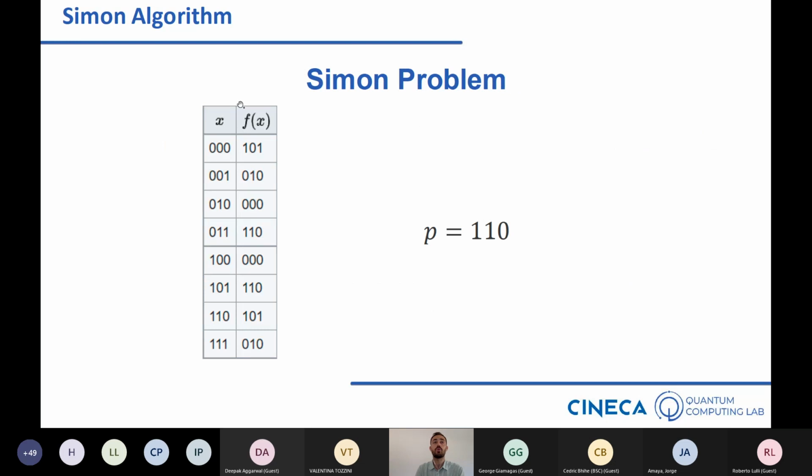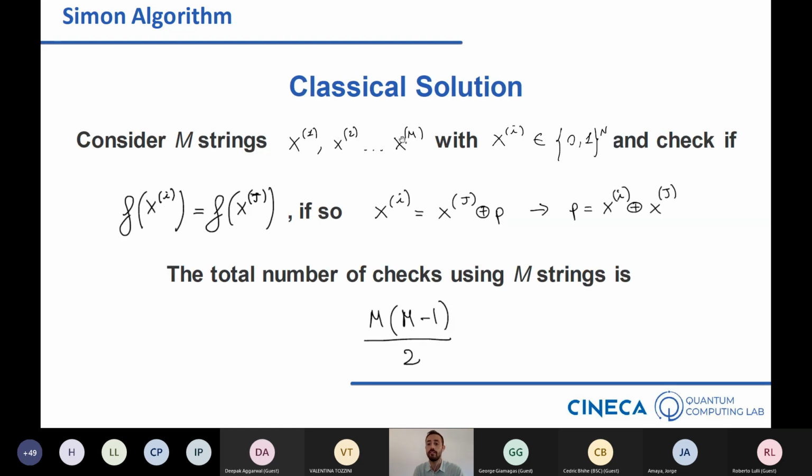For example, if this was a very large list and you don't have access to f of x immediately, you can start with 0, 0, 0, and then try 0, 0, 1 and see the result. But then they are not the same value of f. So you can try 0, 1, 0, and so on, until you find 2 inputs for which they have the same output.